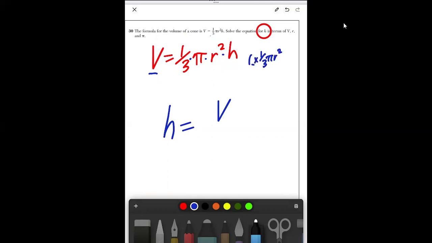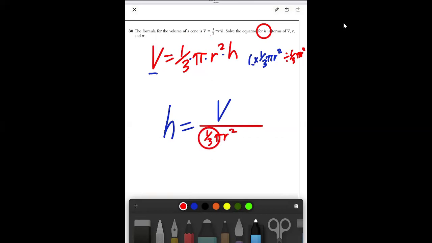So the opposite of multiplying by that is to divide by 1/3 pi r squared. This one is a pretty simple one, so we're just going to divide everything by 1/3 pi r squared.